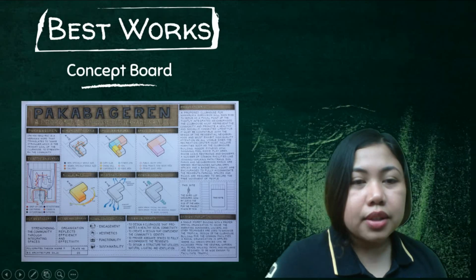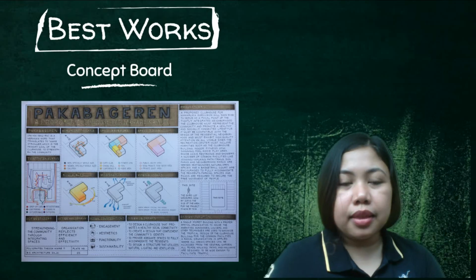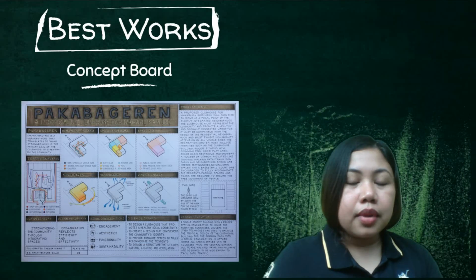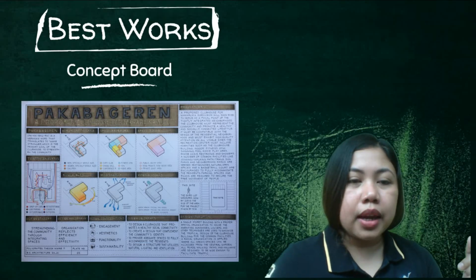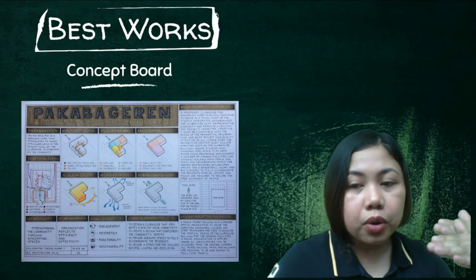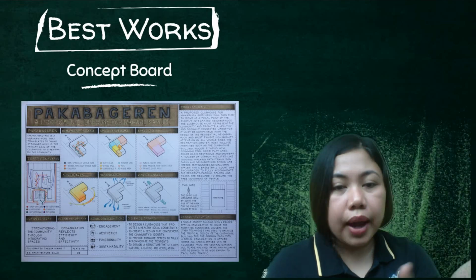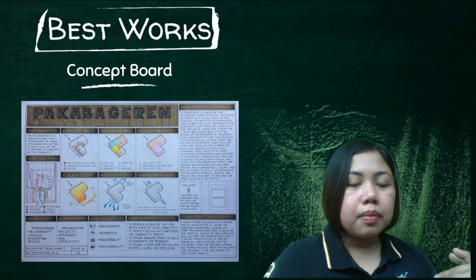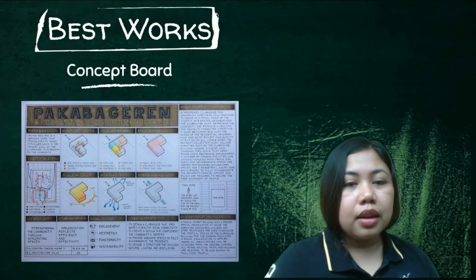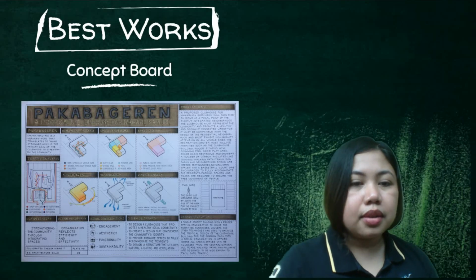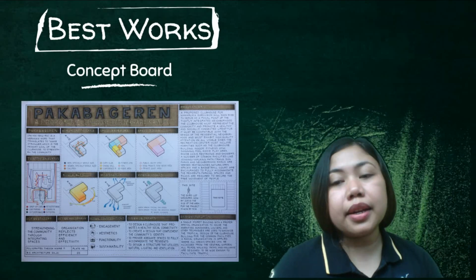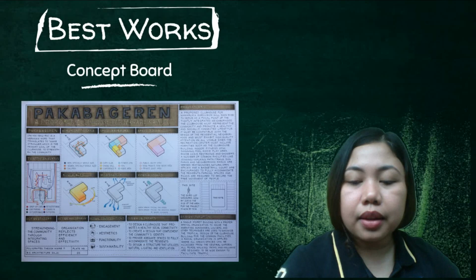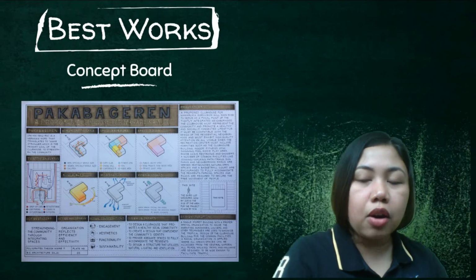And when you do your concept board, you present your idea in such a way that it is clear and organized. So when you present your idea from top to bottom or from left to right, there's a flow of ideas, not just scattered all over the boards. It should be in an organized way. Okay, so this work I find good in terms of the concept board.